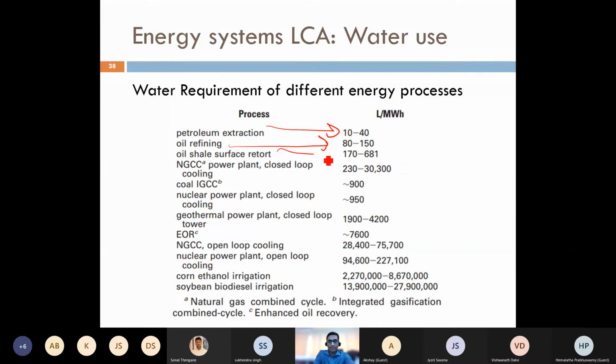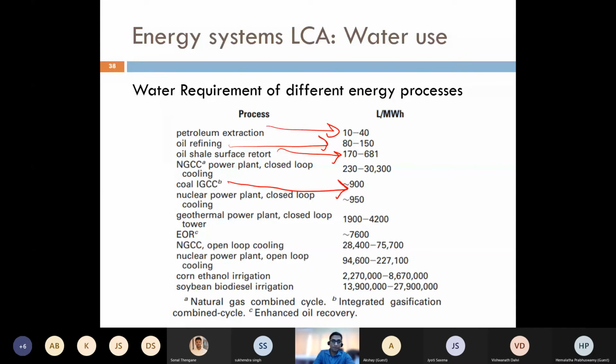If I go for oil shale, it would have a much higher water requirement, because water needs to be pumped at supercritical pressures into these shale mines, and it is even more for coal, because coal plants have a large water requirement.